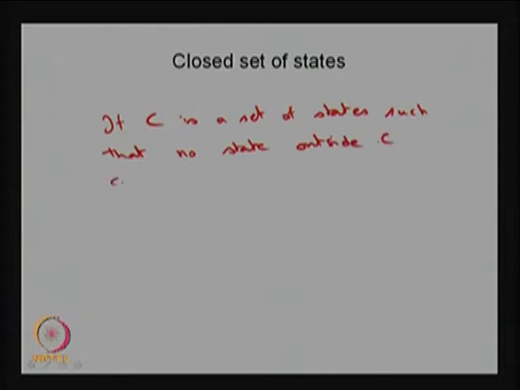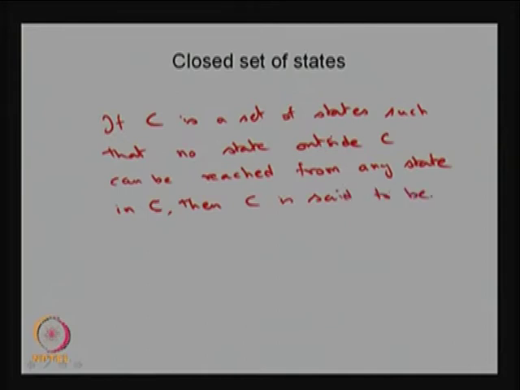If C is a set of states such that no state outside capital C can be reached from any state in capital C, then we say the collection or the set C is said to be closed.